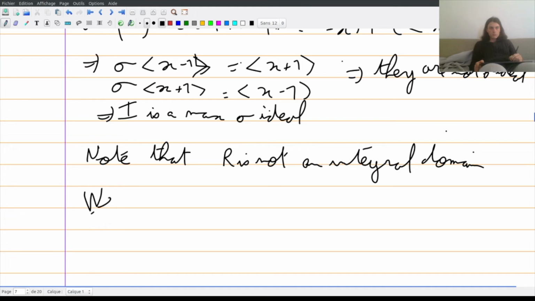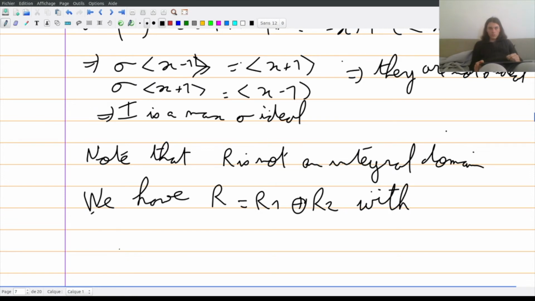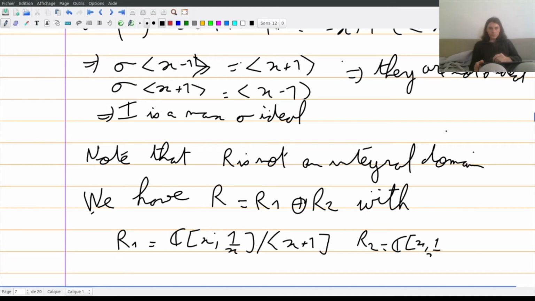We have R, which is the direct sum of R1 and R2, with R1 the quotient by x plus 1, and R2 the quotient by x minus 1. And so you have sigma of R1 equals R2 and sigma of R2 equals R1.